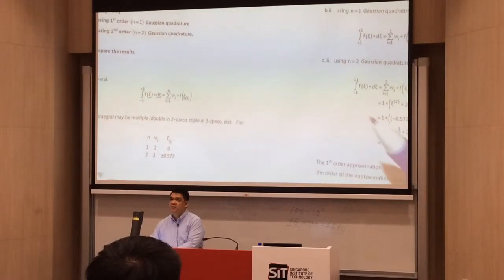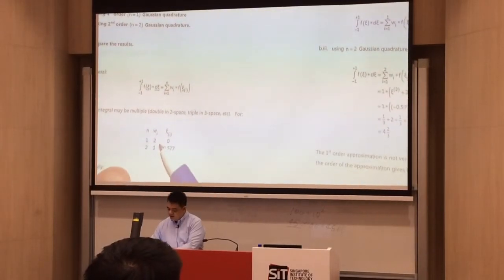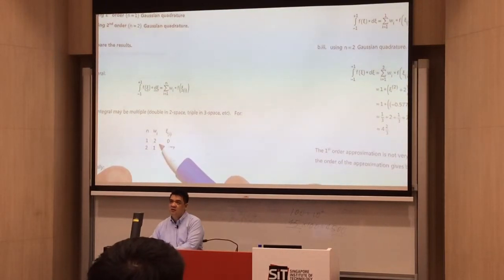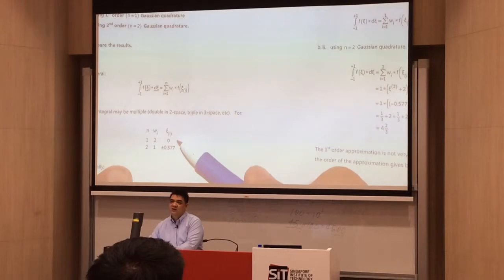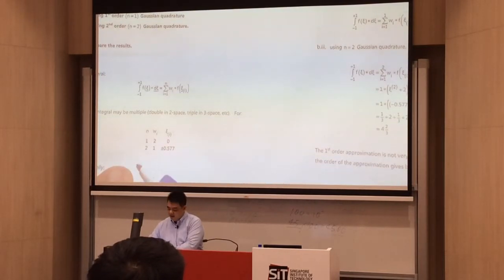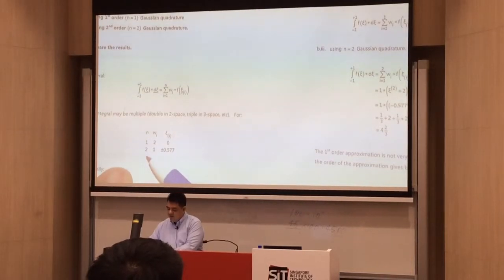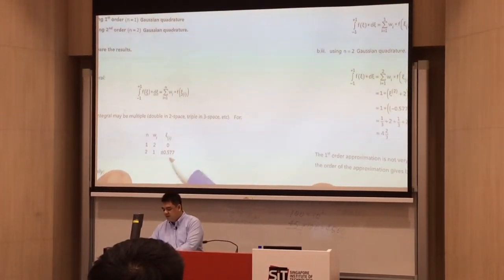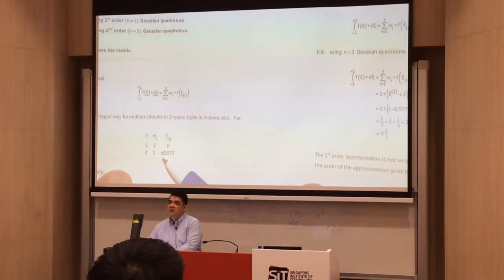You can read that from the previous example. This one is your weight function. If you have N equal to 1, then your weight is equal to 2, and your c1, c2 will be equal to 0. If you have your number of Gaussian quadrature points to be 2, your weight will be 1, and the value of your c1 is negative 0.577 and your c2 will be positive 0.577.